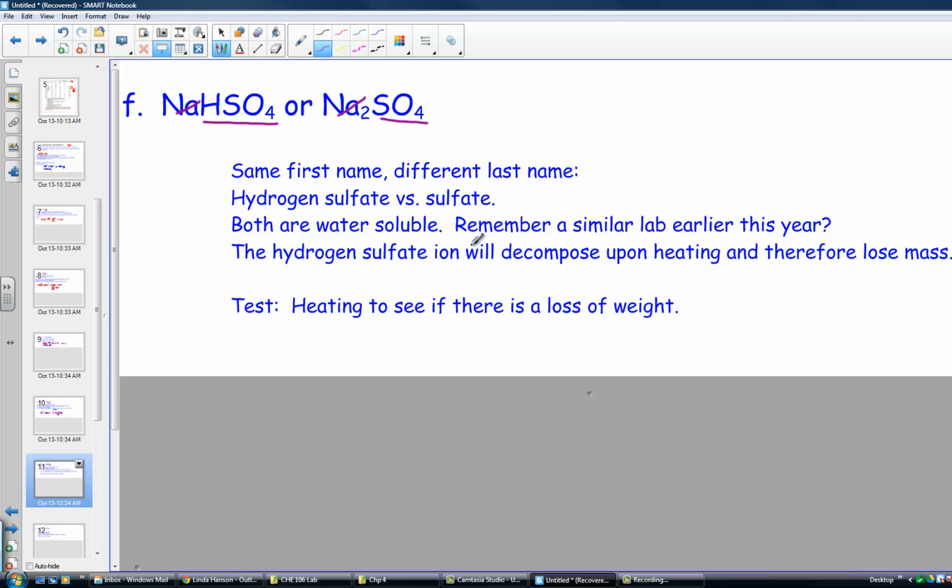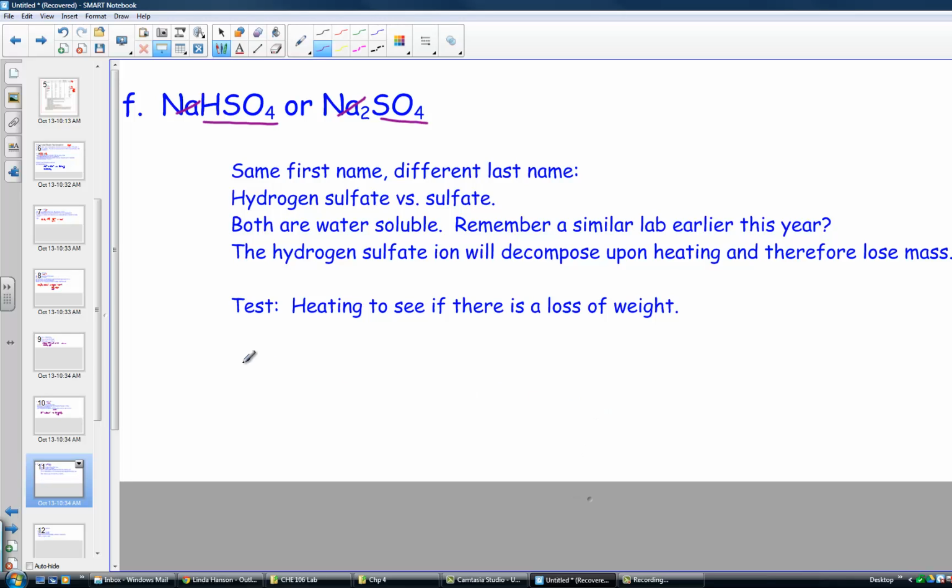Now, do you remember a lab very similar to this? We were trying to determine if we had potassium or sodium bicarbonate or sodium potassium carbonate. That hydrogen actually decomposes upon heating, and therefore we can detect the identity based on a mass lost.